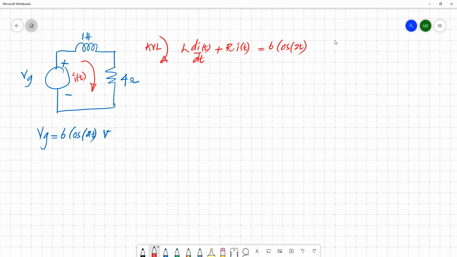If you substitute L equals 1 Henry and R equals 4 ohm, we end up with a differential equation: di/dt plus 4 times i(t) equals 6 cos 2t. So this is our first order differential equation.